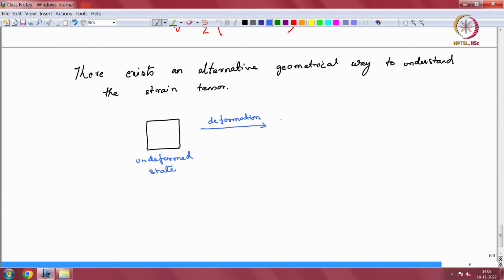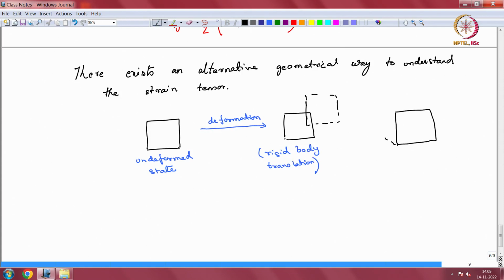Now in this case it can undergo let's say something called rigid body translation. So this black box can translate to some other new location. So it can undergo what we call the rigid body translation, or it can undergo, let's say you have this box, it can now undergo rotation.